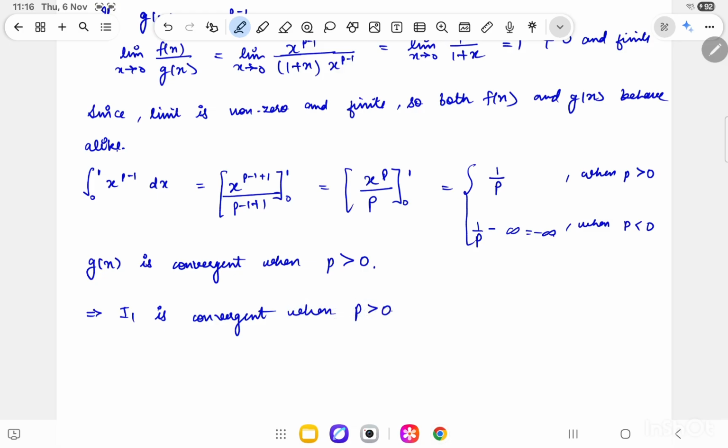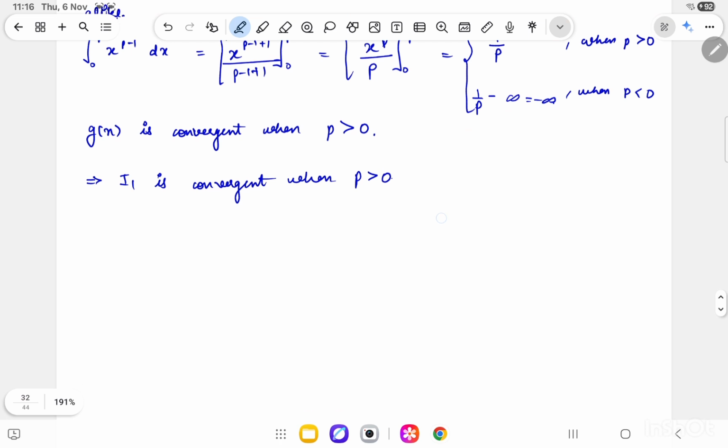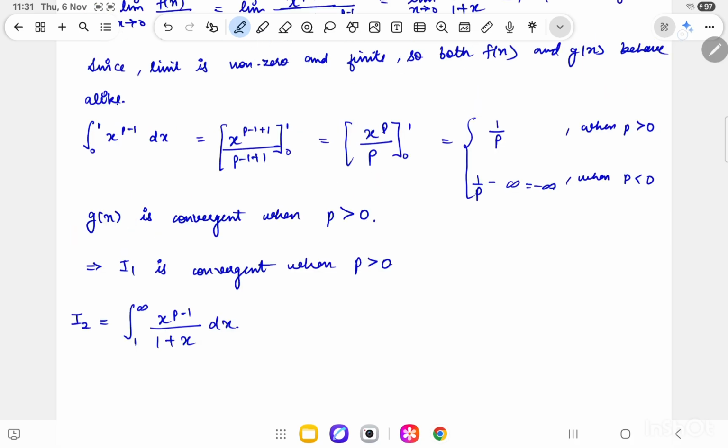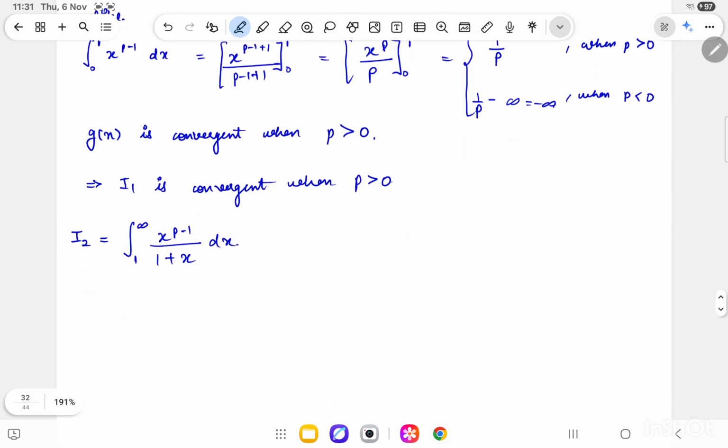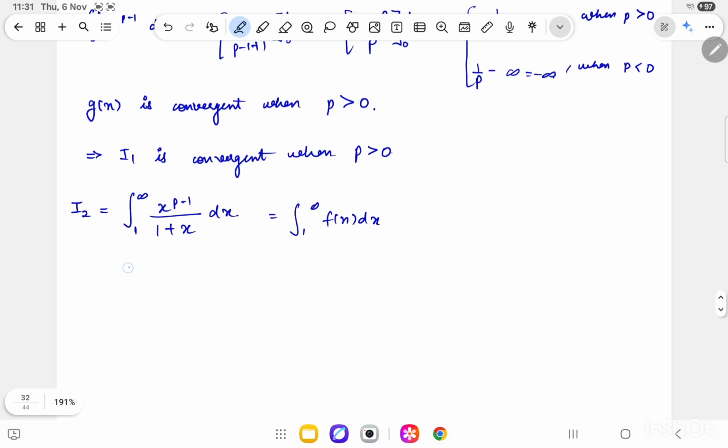Now I need to check convergence of I2 as well. My I2 is integration from 1 to infinity of x raised to p minus 1 divided by 1 plus x dx. If I write it as 1 to infinity f(x) dx, then my f(x) will be x raised to p minus 1 by 1 plus x.